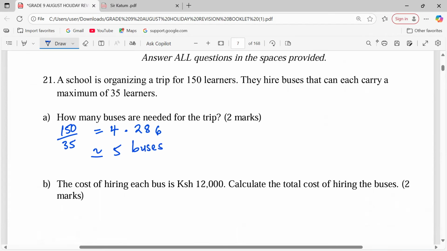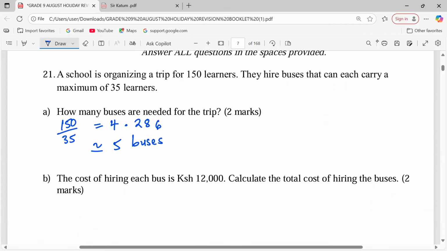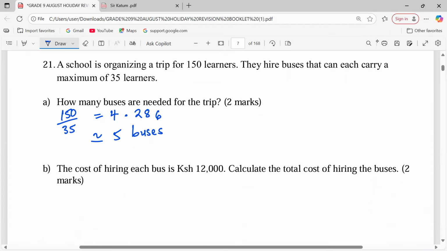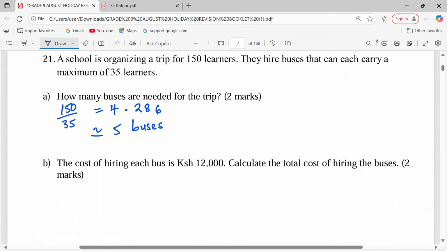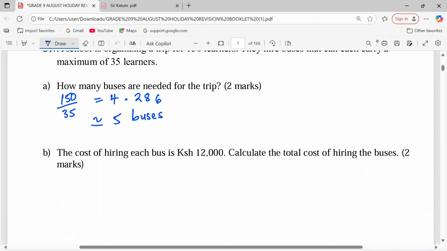Yeah, 5 buses. So with 5 buses, we shall manage to carry all the learners. Because if we talk about 4 buses, and each has a maximum of 35, then we will only manage to carry 140 learners. So the extra 10 are going to occupy the 5th bus. That is the point. So we round off to the next whole number.